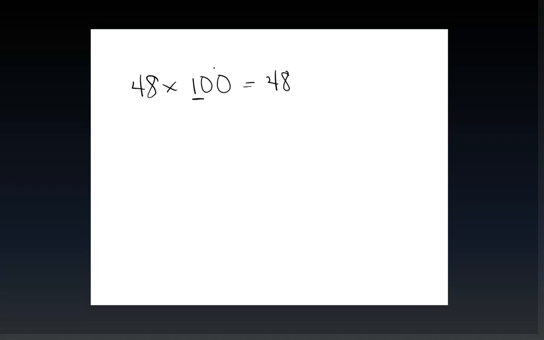And I count how many zeros I have, and I move them to their new spot. So 2 zeros on this end means I need to have 2 zeros on this end. 48 times 100 equals 4,800.